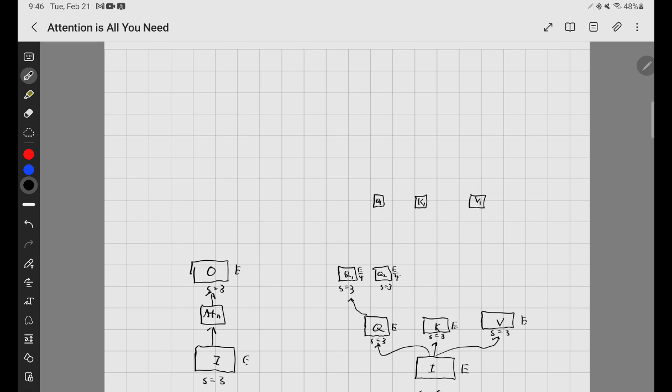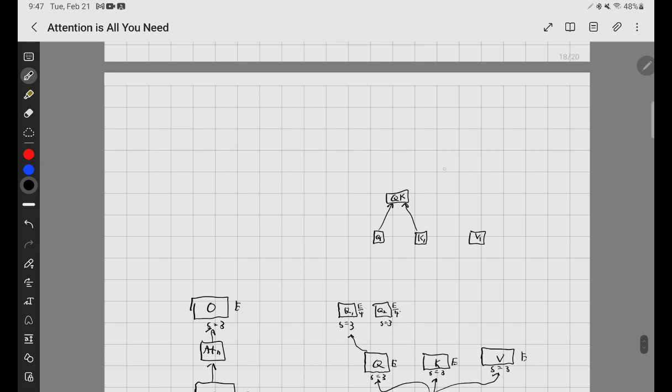which are each a smaller matrix that's a slice of the queries, keys and values, and then you perform attention on those. You'll form your query key matrix using queries inner product keys, and then you multiply.